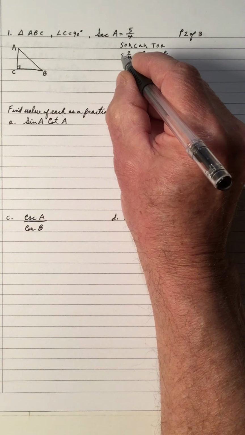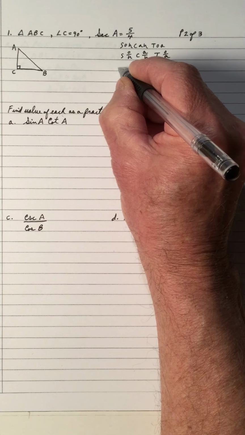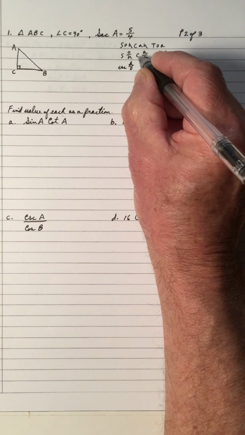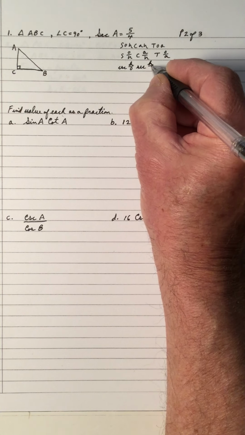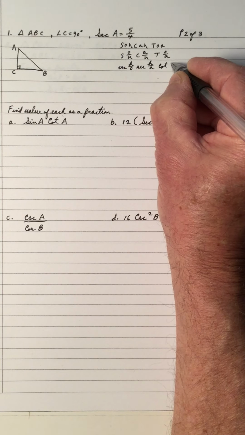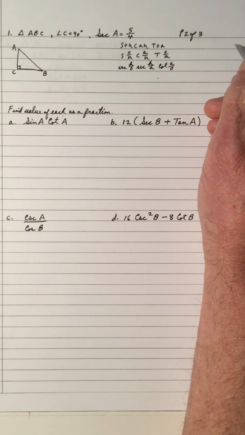And we have also done the reciprocal ratios. The reciprocal of sine is cosecant, hypotenuse over opposite. The reciprocal of cos is secant, SEC, hypotenuse over adjacent. And the reciprocal of tan is cot, COT, adjacent over opposite.